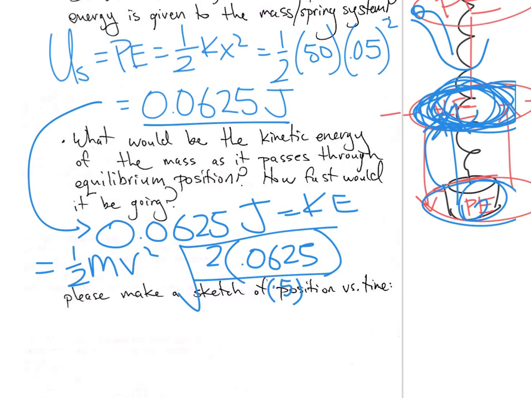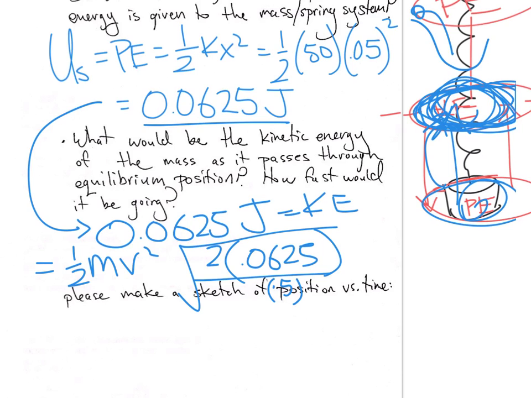Desmos, what do you say? Must be really boring just watching without actually calculating, so you should definitely be doing that. Alright, 2 times 0.0625, and take the square root. That's good.